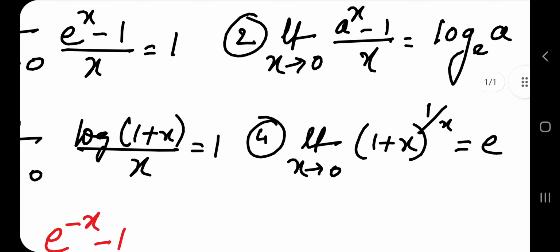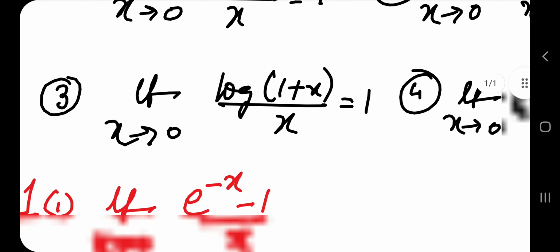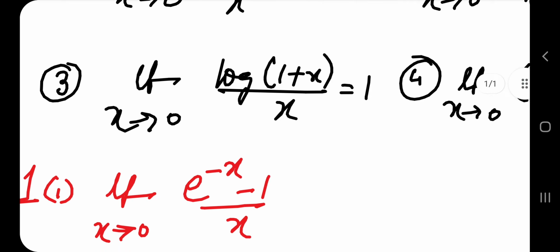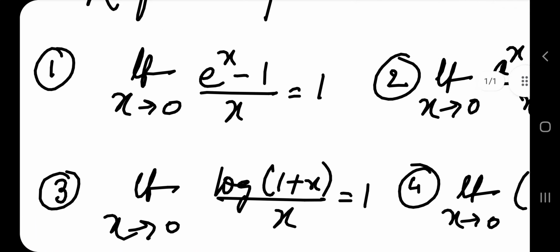And fourth formula is limit x tends to 0, (1 plus x) whole to the power 1 by x is equal to e. Let us think about the sums on this base. Limit x tends to 0, (e^(minus x) minus 1) by x. This sum can be solved by number 1 formula.